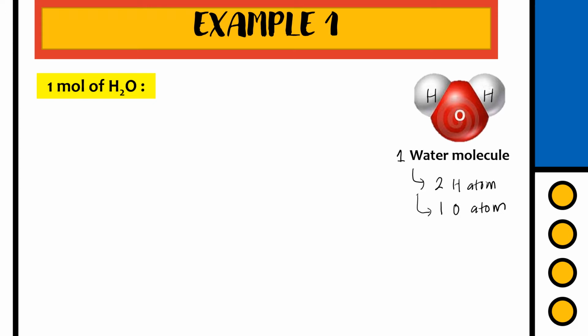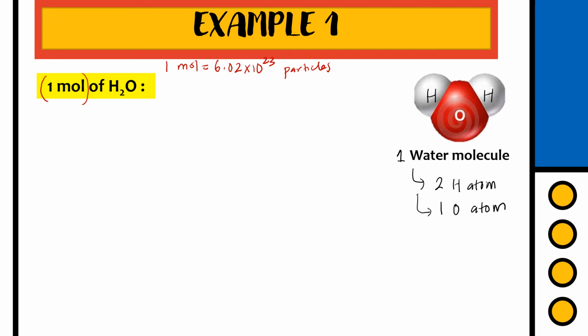Now, we want to discuss about one mole. As we looked just now, kita dah bincangkan 1 mol adalah bersamaan dengan 6.02 darab 10 kuasa 23 partikel. The particles is either atom, molecule ataupun ion.